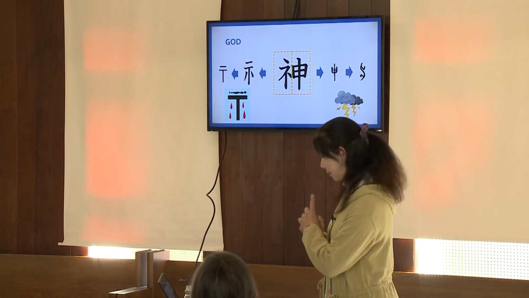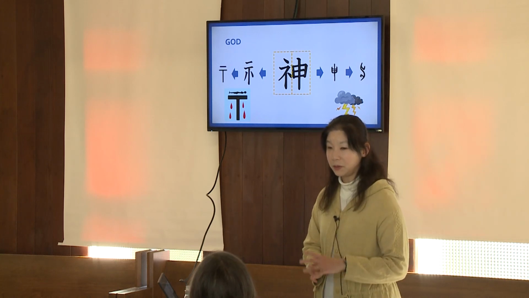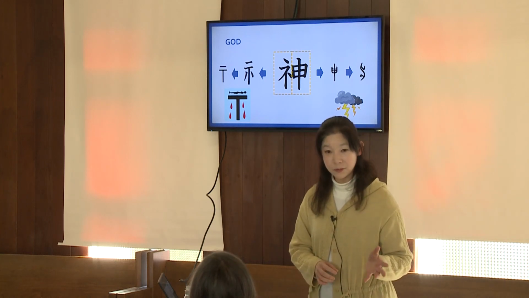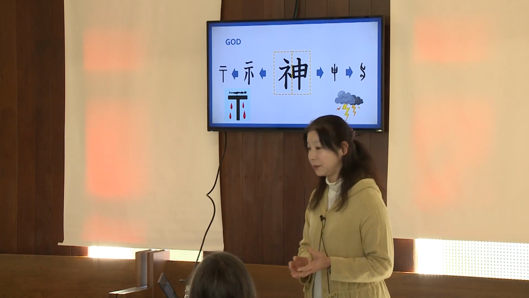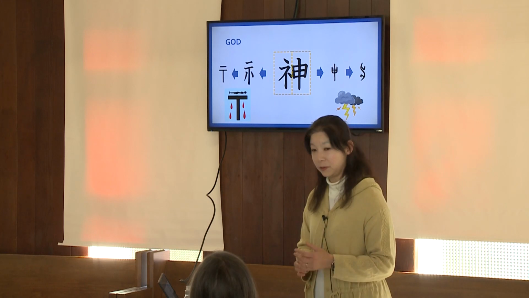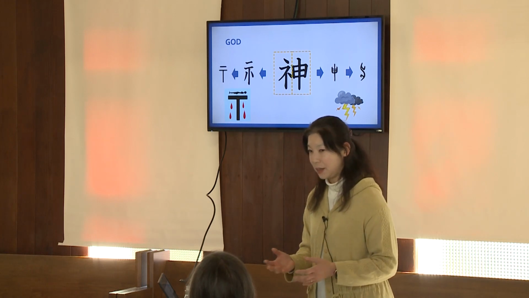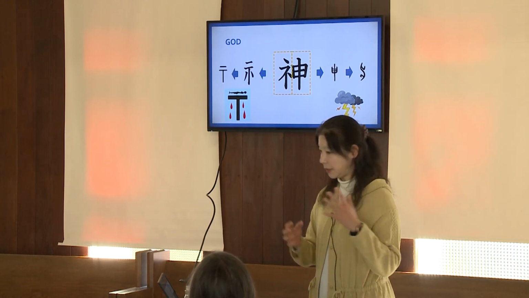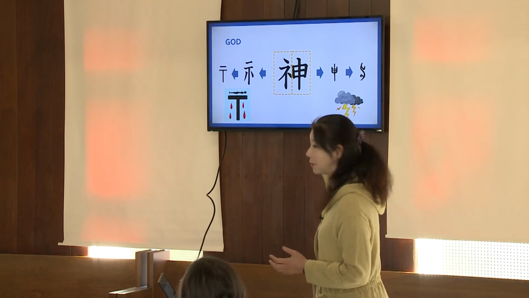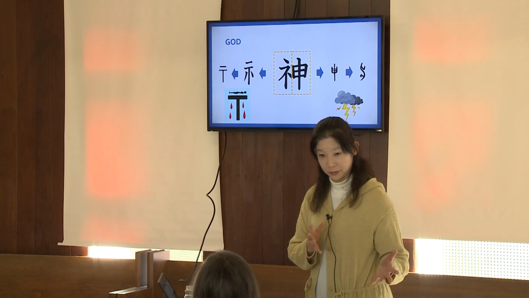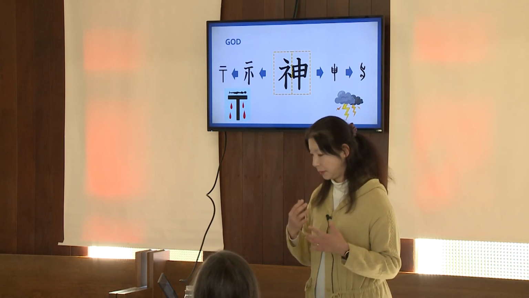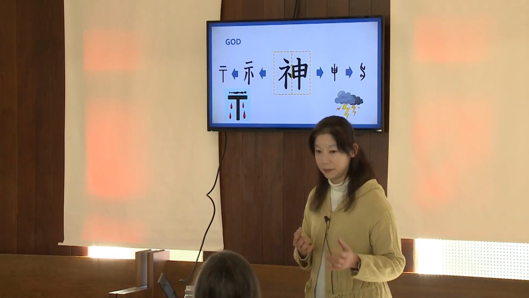So this is very interesting. When Christianity was introduced to China, they tried to decide a word for the Christian God. Somebody wanted to use this word, and somebody wanted to use a different word that means the emperor of heaven.